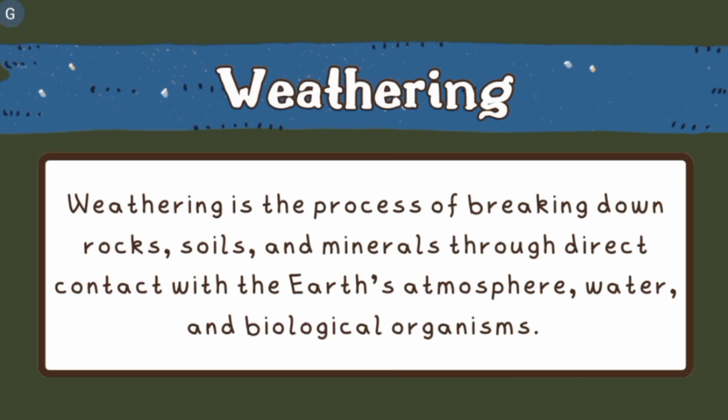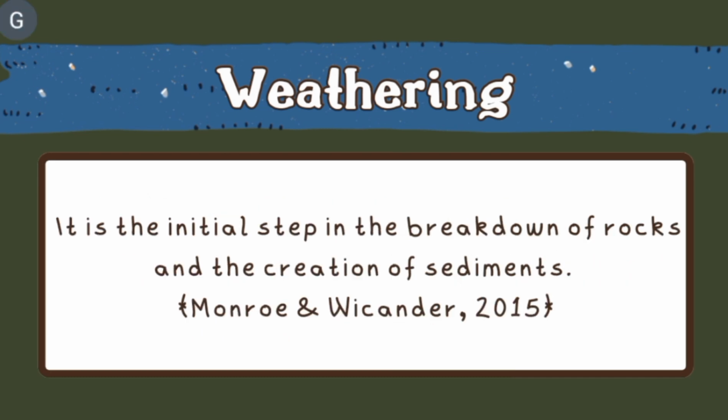It could be physical and chemical weathering. Physical weathering is where material change its appearance or breaks apart without altering its chemical composition, while chemical weathering is a process where there is a change in its chemical composition. So weathering happens because of the Earth's atmosphere where precipitation and carbonation occur, water, and biological factors such as human activities. Weathering is the initial step in breaking down of rocks and creation of sediments.